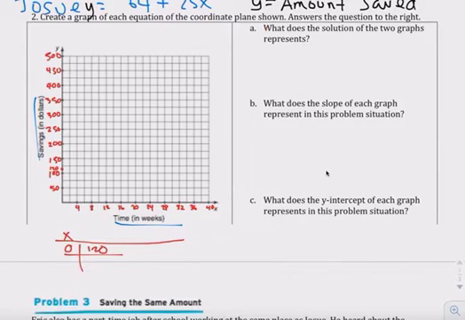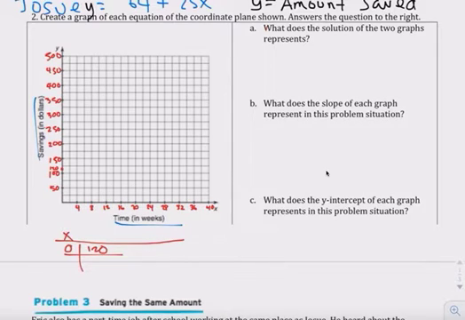What does the y-intercept in each graph represent? It tells you right here, Marcus currently has $120 in the savings account. And Josue currently has $64 before he starts adding more.